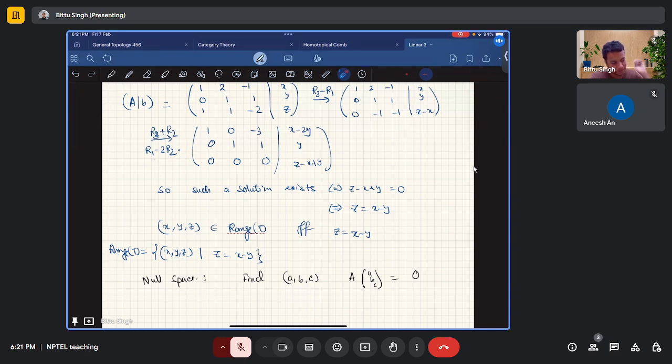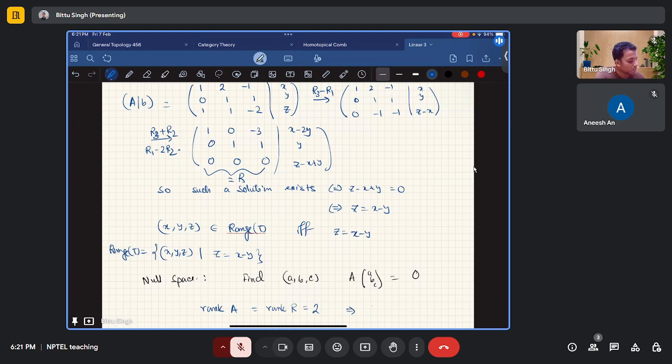So from here we can see that the rank of this matrix, if we denote R to be the row echelon form, then the rank of the matrix A, which is the same as the rank of R, is 2. Clearly it can be seen as 2.